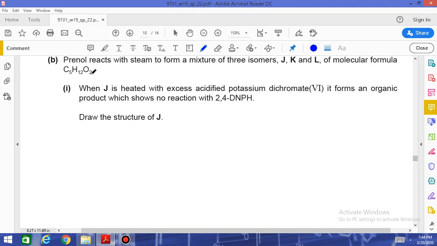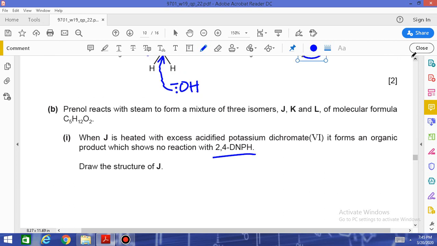This one. When J is heated with excess acidified potassium dichromate(VI) solution, it forms an organic product which shows no reaction with 2,4-DNPH. Deduce the structure of J.